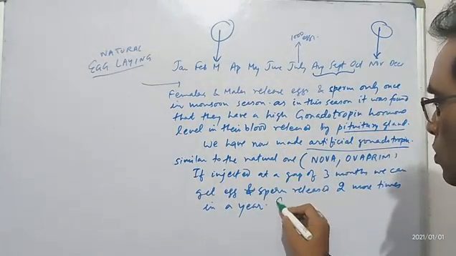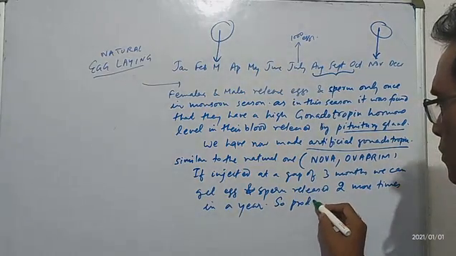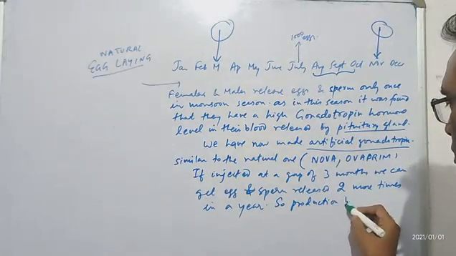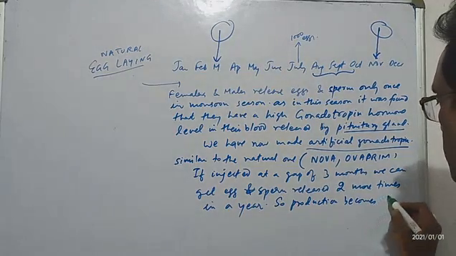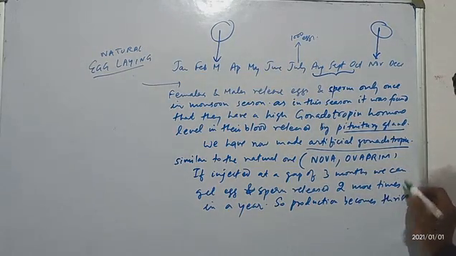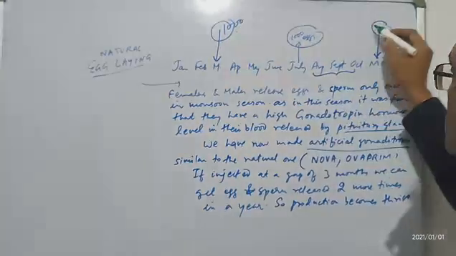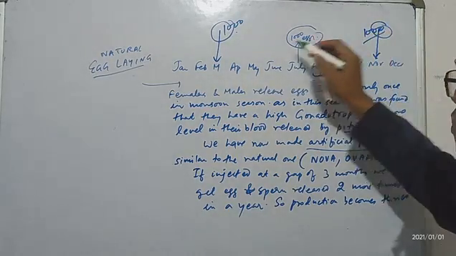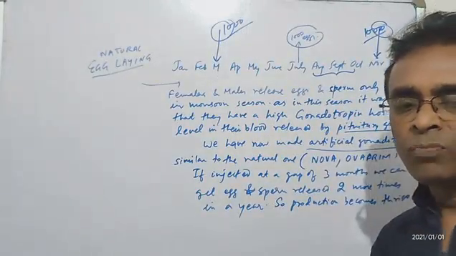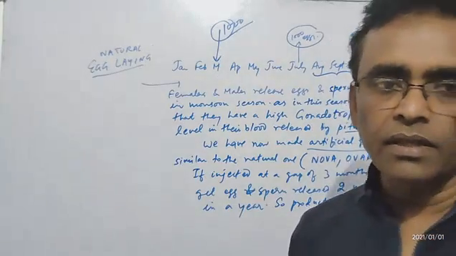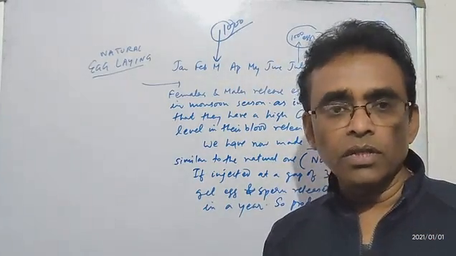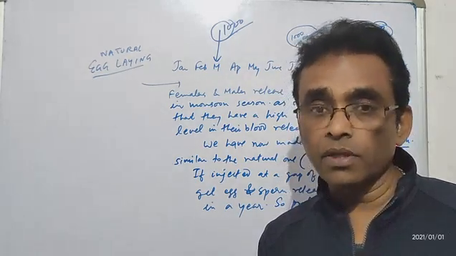And so the production becomes how much? Thrice. Earlier it was laying only 1000 eggs. Here again we will force them to lay 1000 eggs. Here again 1000 eggs. So जो fish पहले 1000 egg release करती थी, we can force them to release 3000. So the production will become thrice.